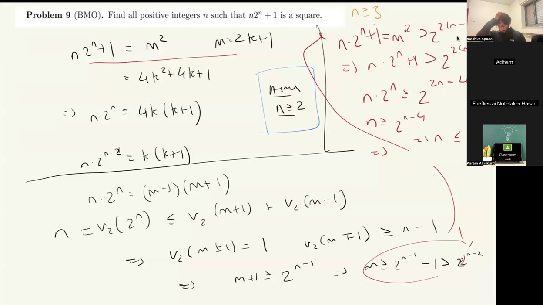Oh, 7. I think 7. 6 is too big. Maybe if I do 7, no, already 7 is too big, right? Because if I do 7, I get 7 is more than or equal to 8. So I think you get n at most 6. Is that right? I think so.